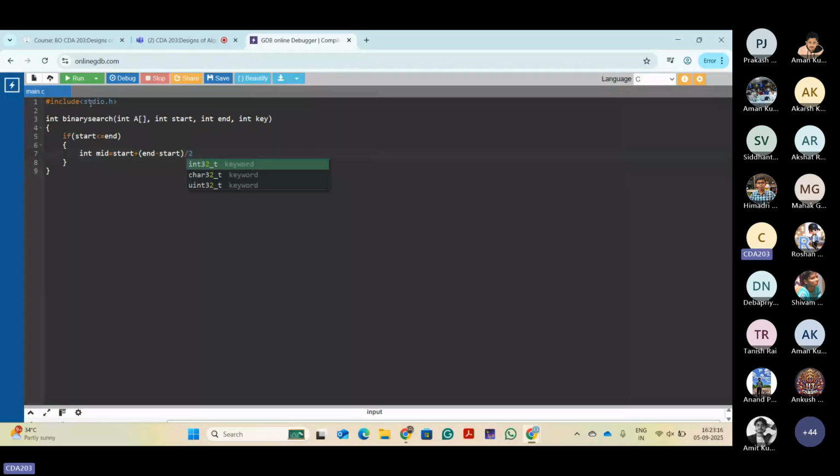This should be the position of the middle element. Is it clear? Like for 0 to n minus 1, it should be n minus 1 by 2.